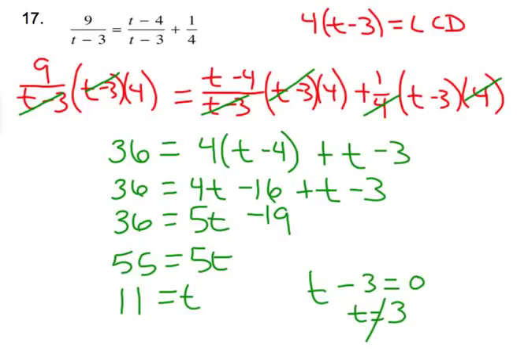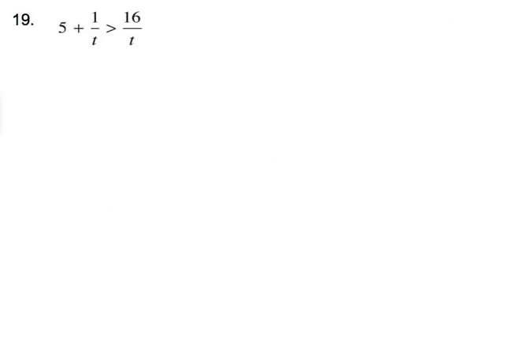Doesn't matter if I'm dealing with equations or inequalities, the end result's the same. Get rid of the fractions to start off with. We can solve the inequality by first looking at the related equation. So my related equation would be 5 plus 1 over t equal to 16 over t.